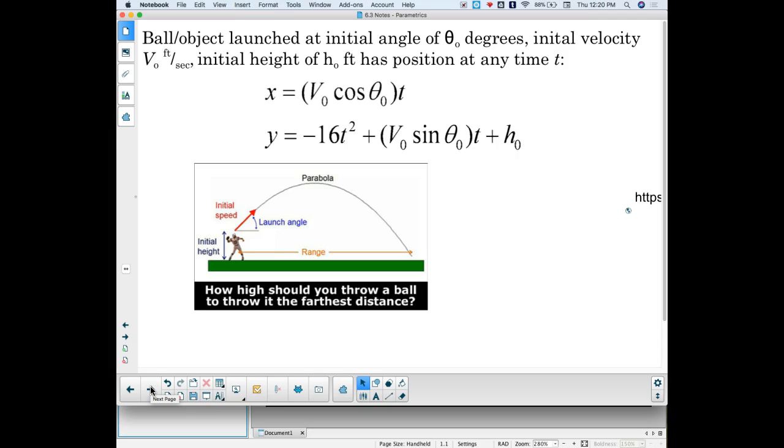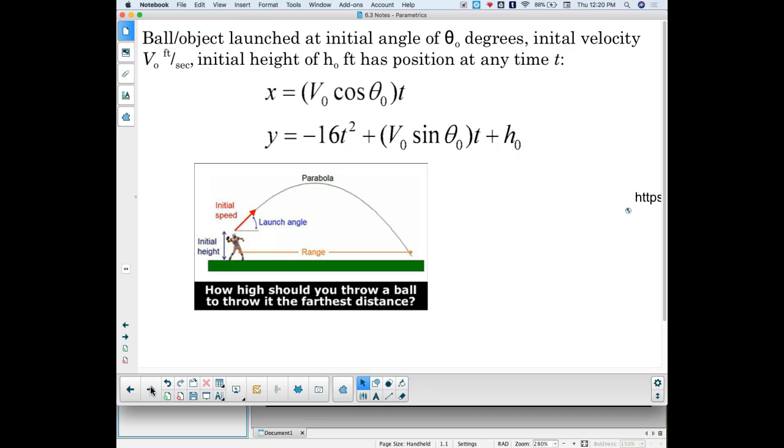Okay, we ended with this, talking about this yesterday. We were launching things vertically yesterday, and then we were showing the path and things of that nature. But now, today, we're going to launch things at an angle. So we're going to be able to throw something at an angle, and it's going to be launched at a certain height, so we have to factor that in.